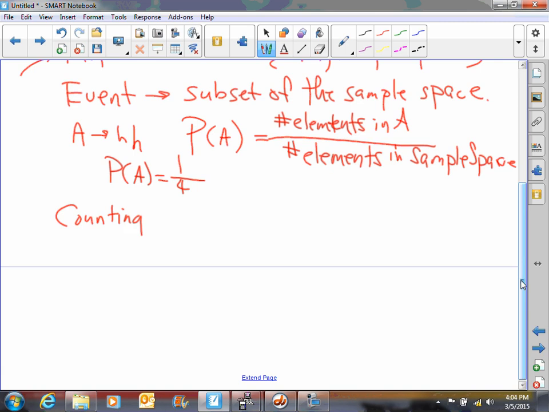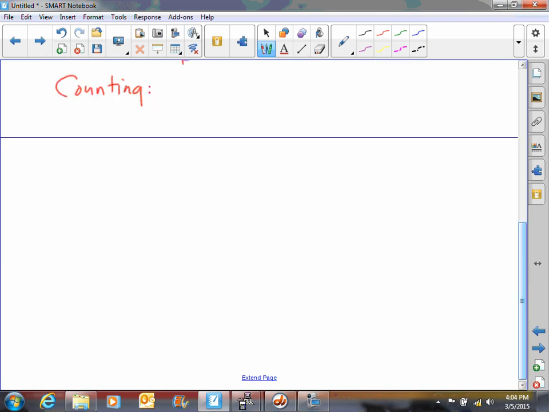So first of all, in counting, there is a fundamental counting principle. And this is very, very important for you to know. You probably know this already, but still, let's make sure we state it formally.